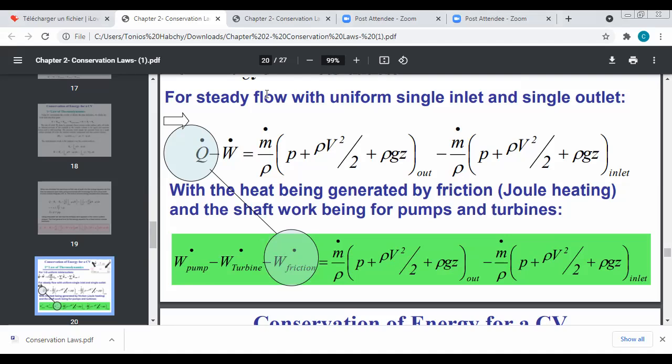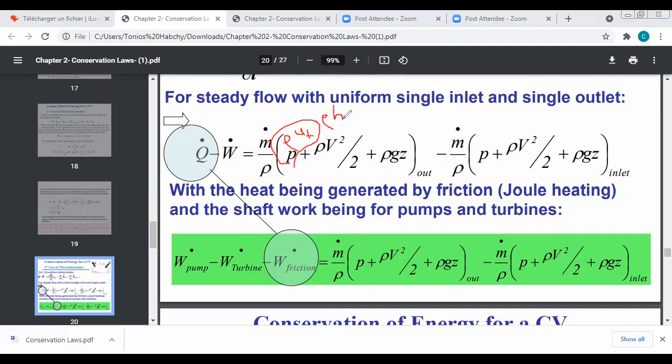If we just apply our formula, if you go back to your formula, you have P over rho plus internal energy. So here you have plus rho U plus P plus rho V squared over 2 plus rho G, because we said that this is rho times H, the enthalpy.